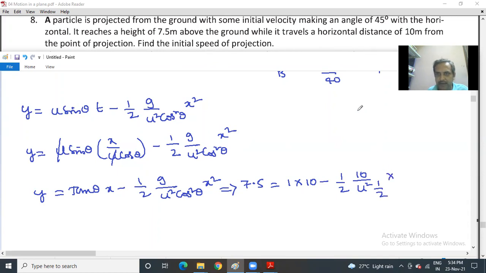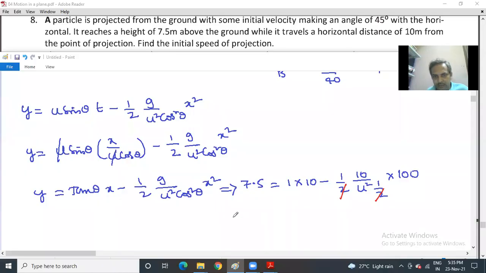And x square, x is 10, so it will be 100. So this 2 and 2 get cancelled. So this will be 7.5 minus 10 is equal to minus 1000 by u square.